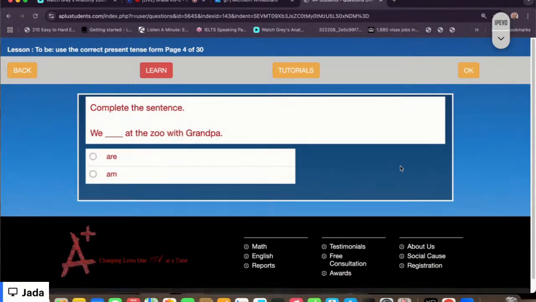Okay, we dash at the zoo with grandpa. We are or we am. What do you think here?